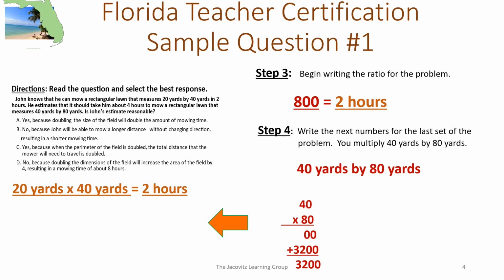These questions go from step to step, and we wanted to make sure that when we're doing our ratios, we keep everything together. So if you're doing 20 by 40 yards up top, you have to do 40 by 80 over here, by your unknown, because that's the amount of time that wasn't given to you.